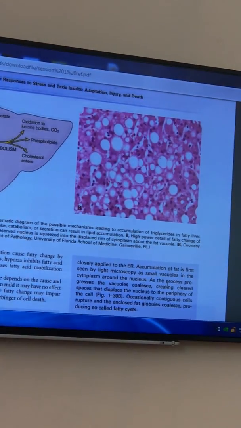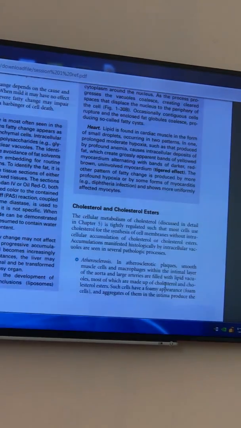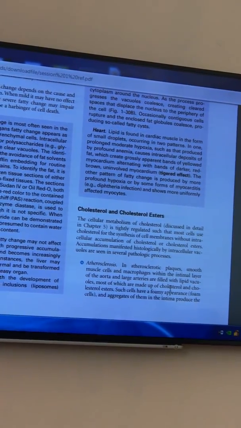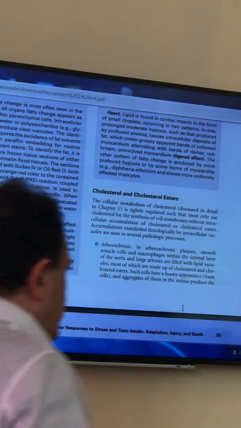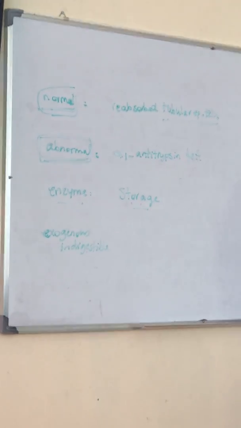Another type of lipid that can be accumulated is cholesterol and cholesterol esters. So cholesterol can be accumulated in atherosclerosis.